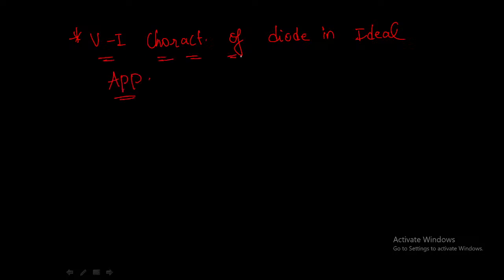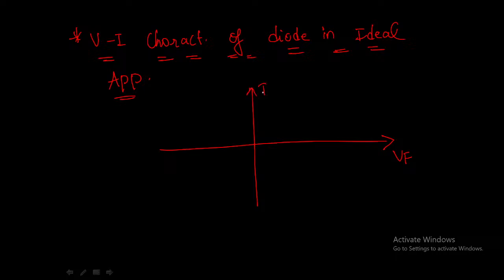So how to draw the VI characteristics? Here on the x-axis I will draw the forward voltage VF, and on the y-axis I will draw the forward current IF. And this is reverse voltage VR.